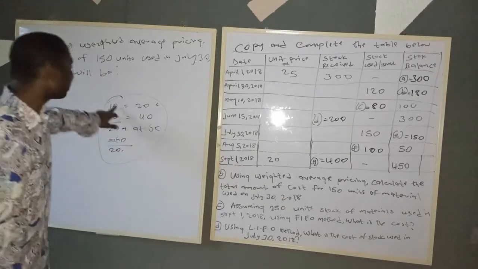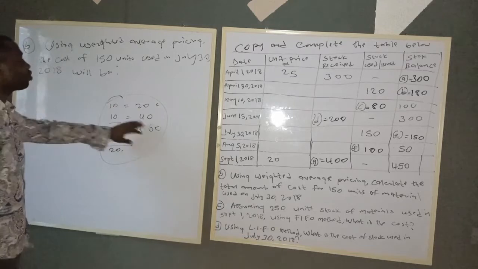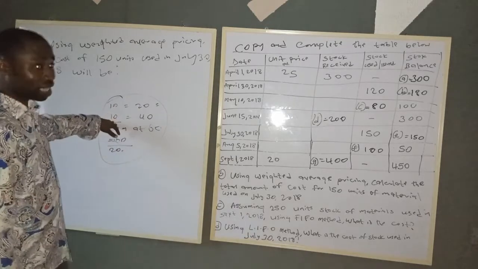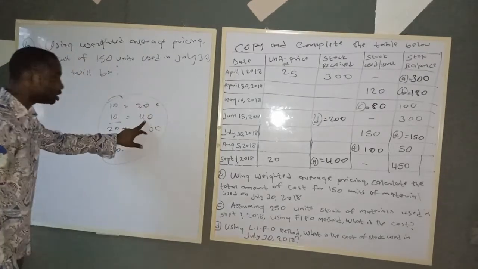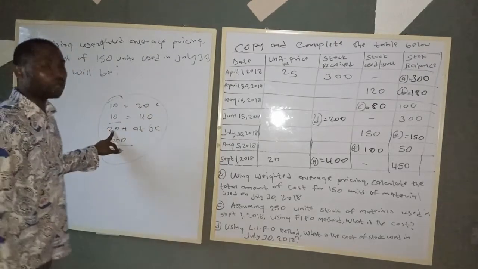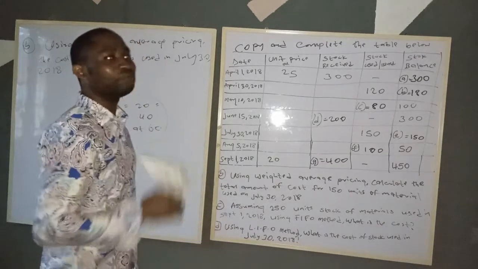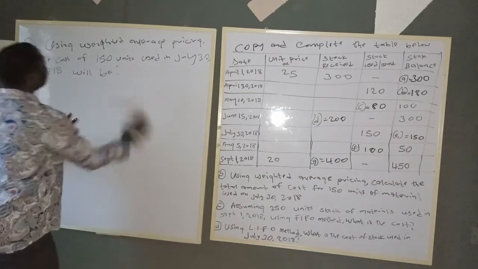So it's not going to be the 2 naira that you bought the first 10 at, and it's not going to be the 4 naira that you bought the second 10 at. You arrive at a new unit price. So that is what they mean by the weighted average method.